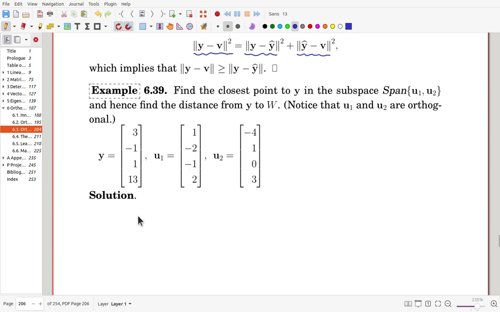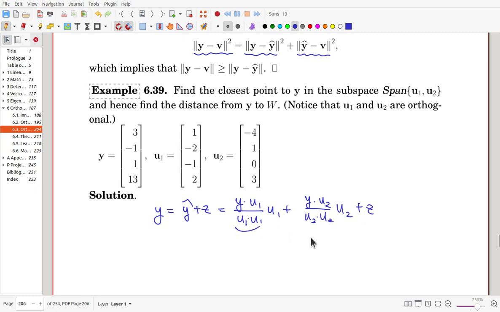Now, we'll try to use the formula. y must be y hat plus z, but y hat must be (y dot u1)/(u1 dot u1) times u1 plus (y dot u2)/(u2 dot u2) times u2, and plus z.